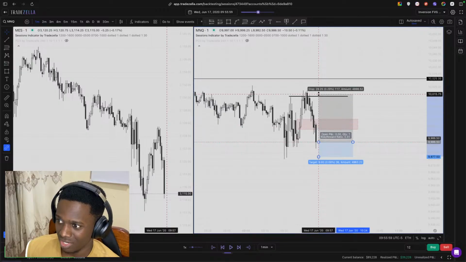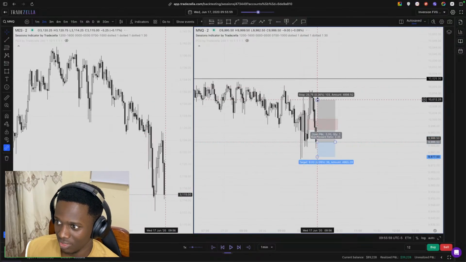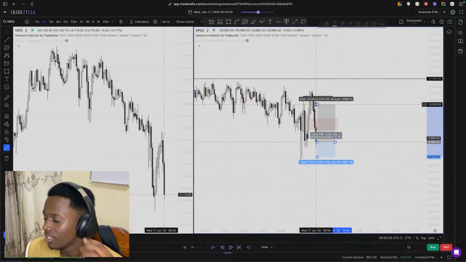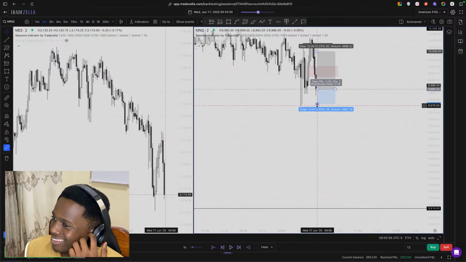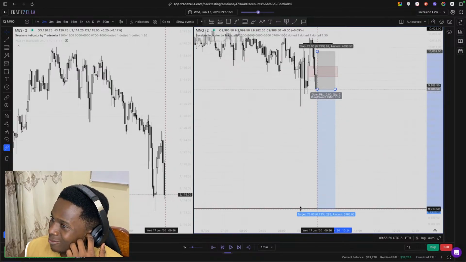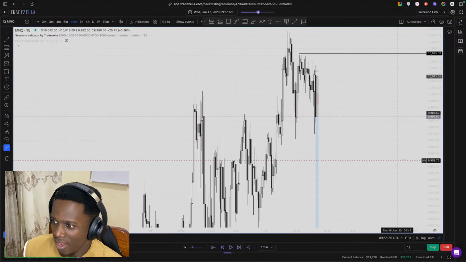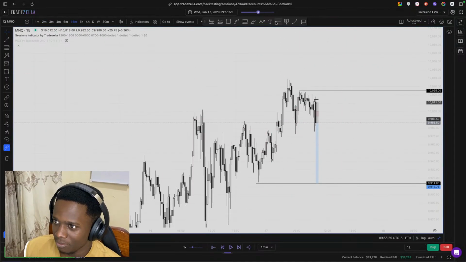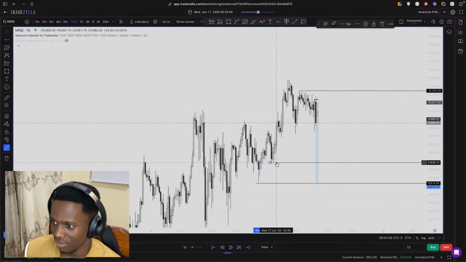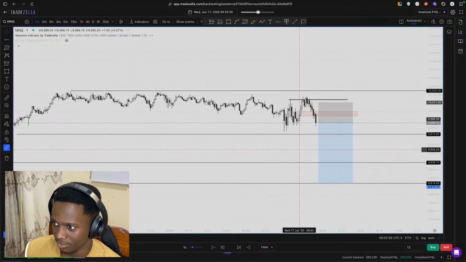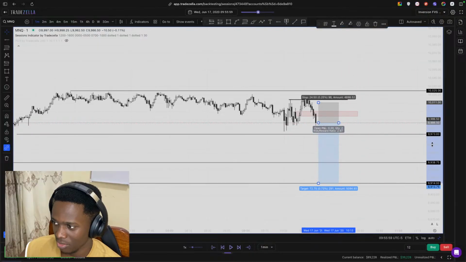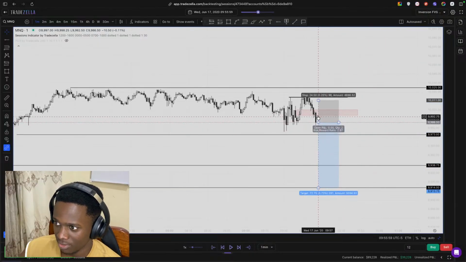I wouldn't consider this A plus because the POI is quite too far. I would also love to see if there aren't any better targets. We have the London low, so let's see if price can smash through all those targets.